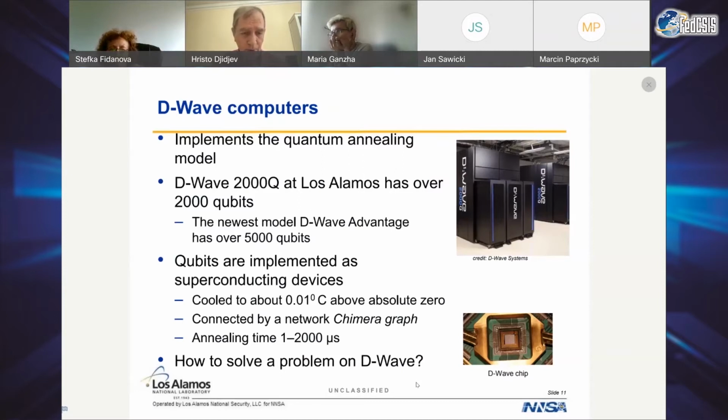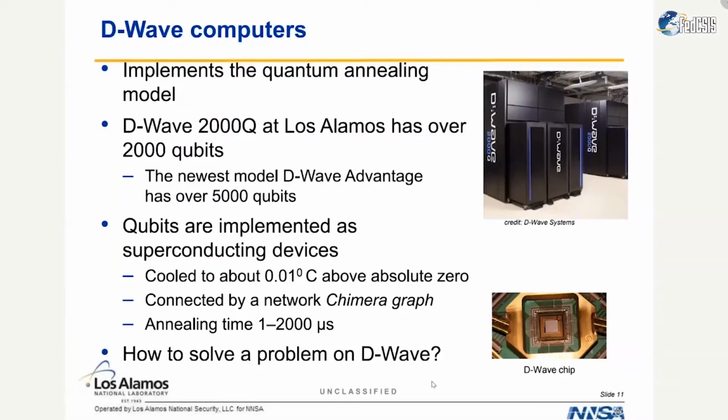It's not much bigger than a thumbnail, but on the top is the entire computer, and most of this computer actually consists of cooling devices because it has to be cooled down to 100 degrees Celsius above absolute zero, and it has to do other measures to isolate it from the environment, and it can do annealing times from 1 to 2000 microseconds.